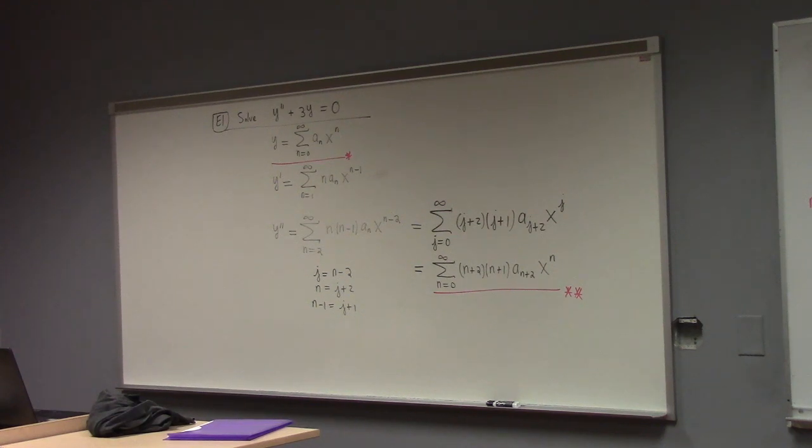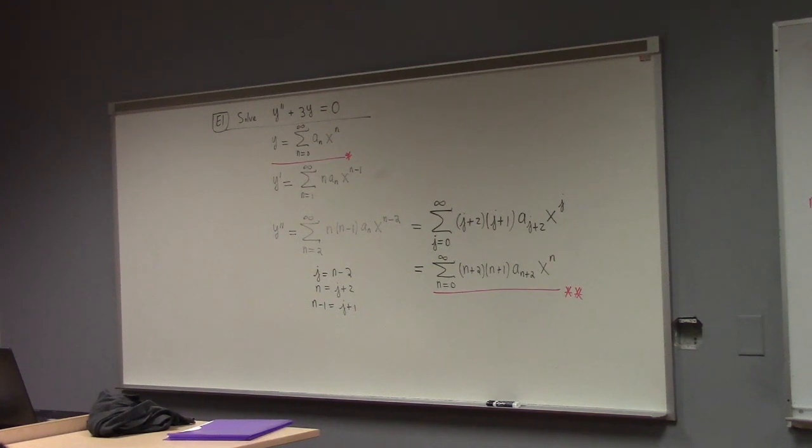And then if I look at n equals 3 in that equation, I get a sub 5 is minus 3 times a sub 3 over 5 times 4, which is minus 3 squared times a sub 1 over 5 factorial. And if I look at n equals 5, I get a sub 7 is equal to minus 3 a sub 5 over 7 times 6.